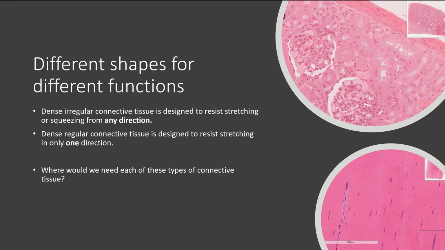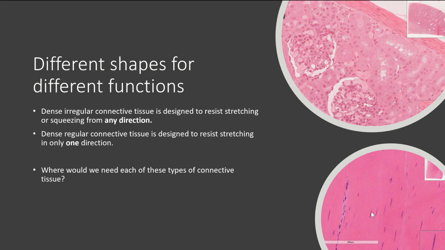Okay, so when you think of tendons and ligaments, those are designed to be stretched in one direction and one direction only, because that is what is connecting your muscle to a part on the bone. Okay, and so that muscle is only going to flex in one direction and one direction only. And so we need a tendon that can withstand that stretch in one direction and one direction only. Okay, so we only need these collagen fibers to go this way, right?